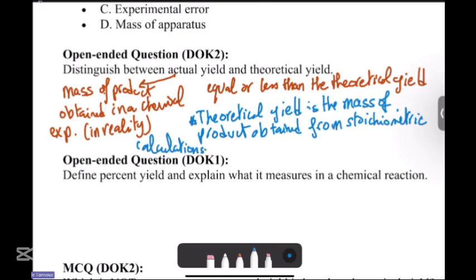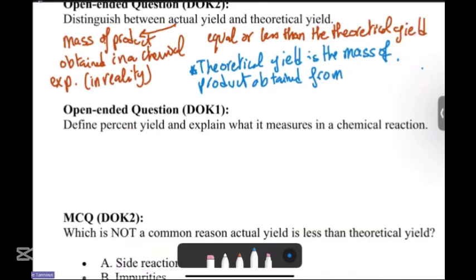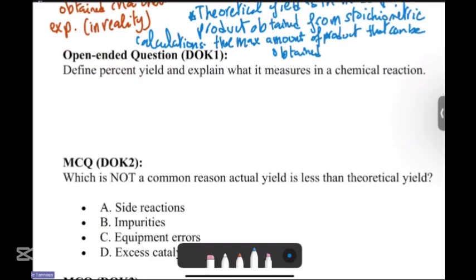And I need to mention here, it's the maximum amount of product that can be obtained. So the calculations will give you an idea what to expect. Now, is it clear? If there are questions, please stop me.